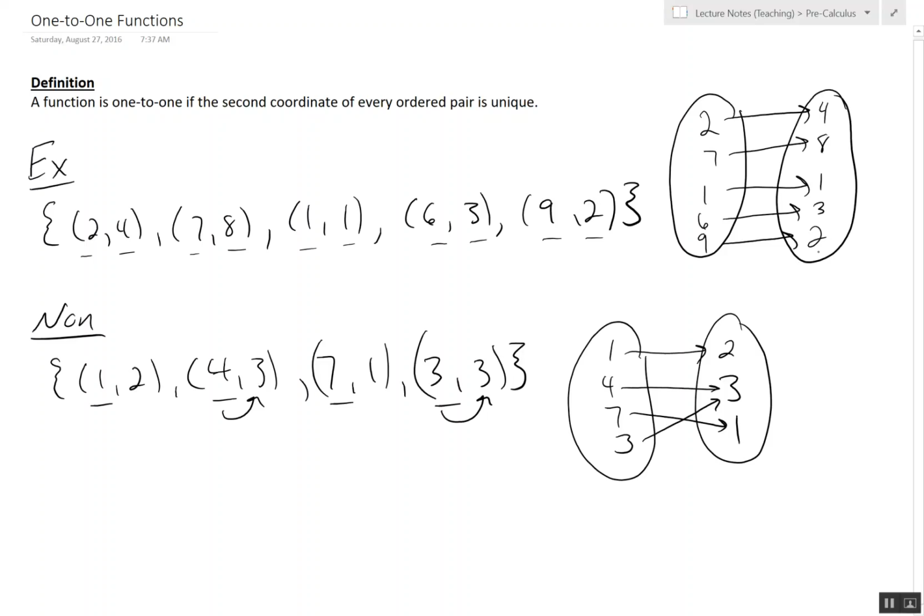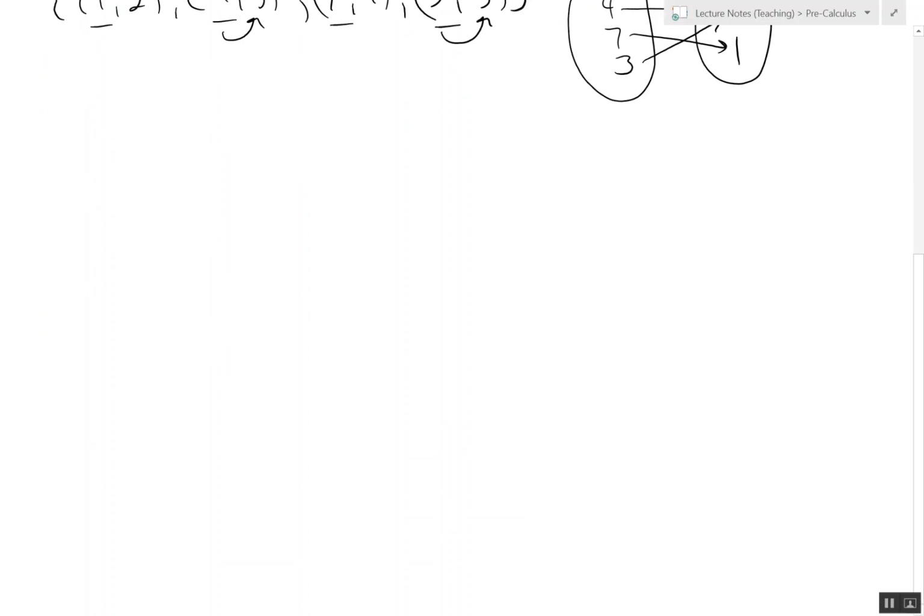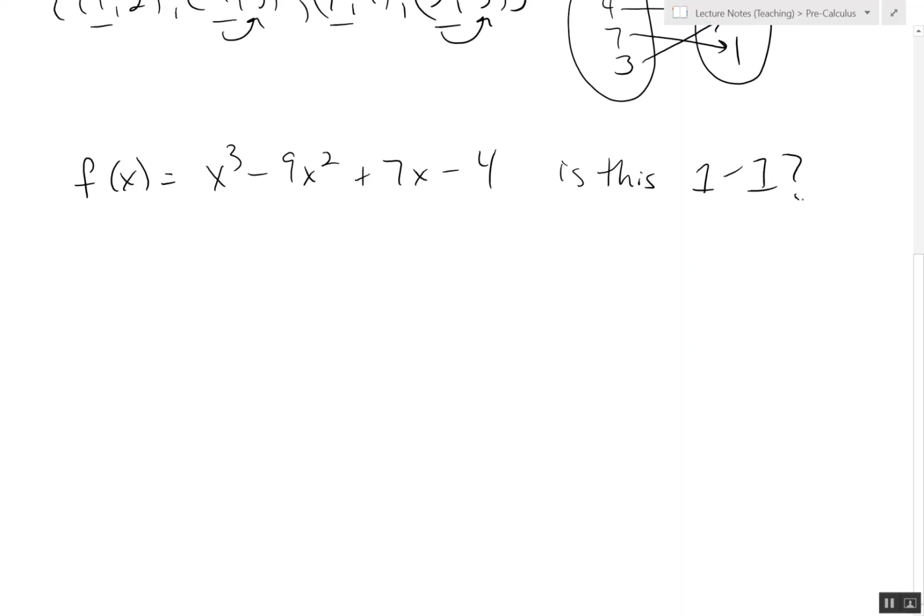But when we have lists of ordered pairs like this, that's fine, but what about an equation like this? f(x) = x cubed minus 9x squared plus 7x minus 4. Is this one-to-one? And I will tell you right now, from looking at this, I have no idea, to be honest.